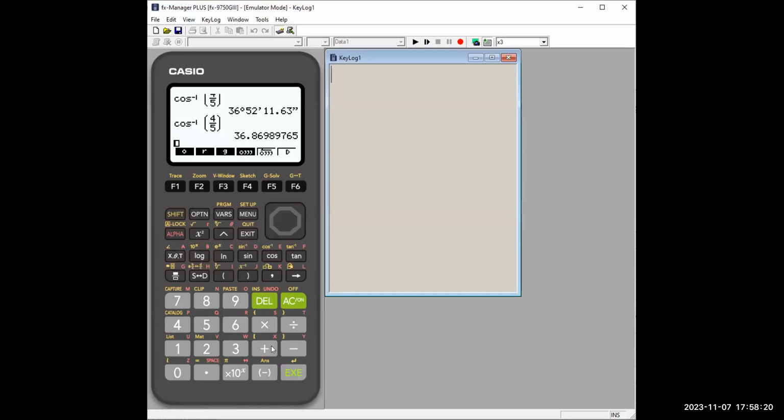What we do is take 360 degrees and subtract the answer, and that'll get you into quadrant 4. So the answer is 323.1301024 degrees. Or if you'd like to put that in degrees, minutes, and seconds, 323 degrees, 7 minutes, and 48.37 seconds.